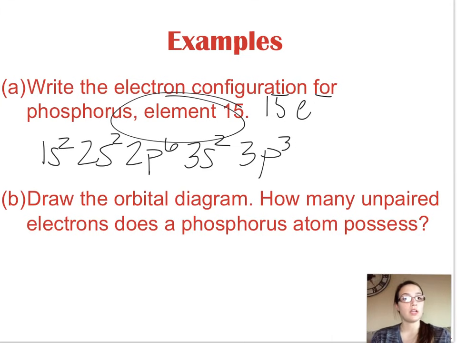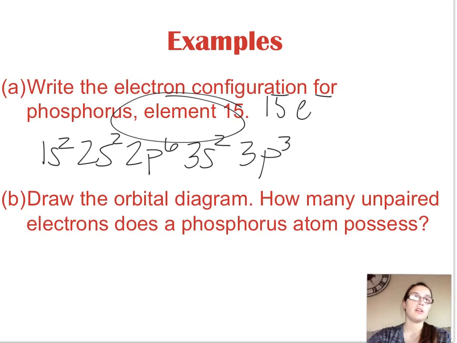You should have your periodic table as you go through any electron configurations, because without it you might be lost. When you look at the periodic table and count in, phosphorus is 3, therefore it is 3p3.